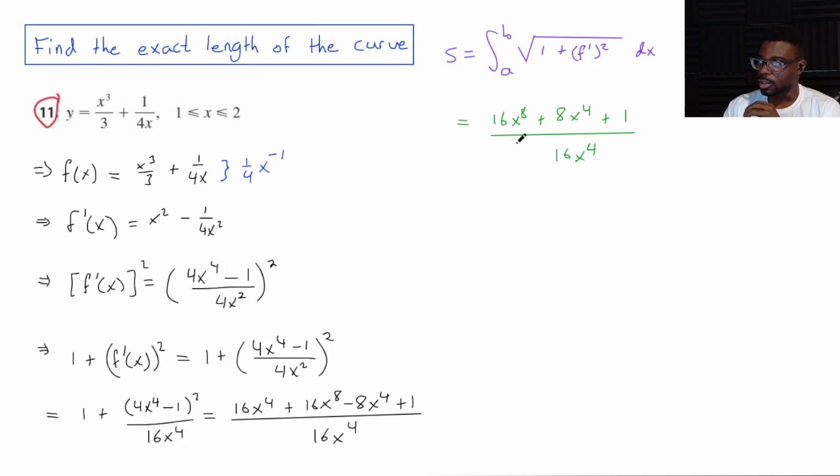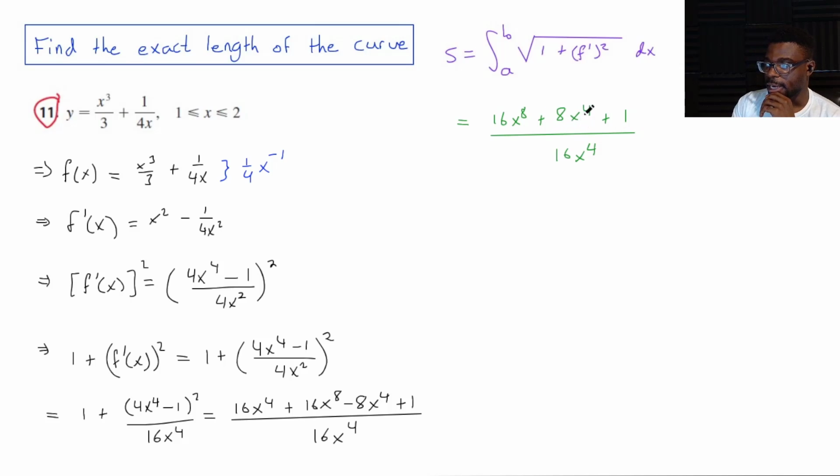Right, so the good thing is now that we've simplified this a little bit, the numerator looks more like some kind of quantity being squared, and you can tell because of the 16x to the power of 8. That's just 4x to the power of 4 squared. Of course, 1 is just 1 squared.